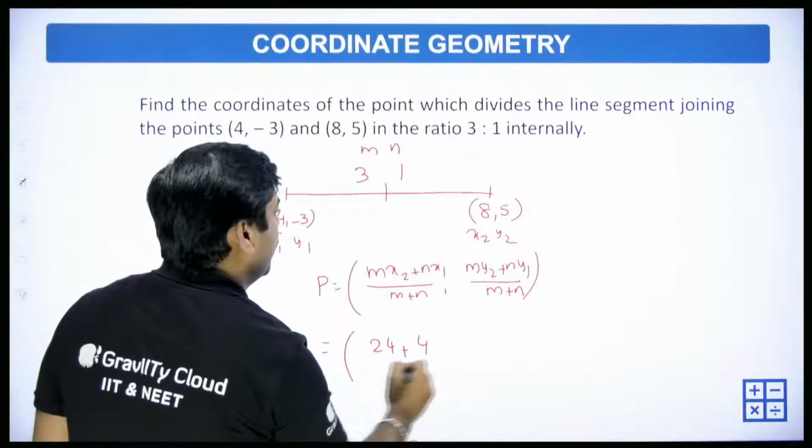So 24 plus 4 is 28, so that will give you 28 by 4, and 15 minus 3 is 12 by 4. So 28 by 4 is 7 and 12 by 4 is 3. So the point which divides the line segment in the ratio 3:1 is the point (7, 3), right?